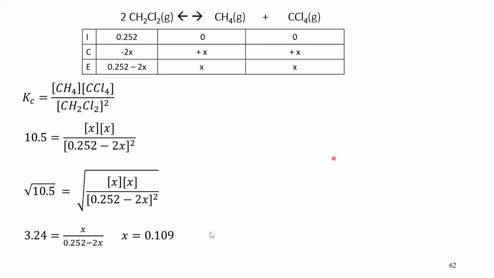Okay, so we're going to multiply both sides by 0.252 minus 2X. Then we're going to isolate X, and we should get 0.109 for X. So that means that CH2Cl2 is going to be 0.252 minus 2X, which gives us 3.37 times 10 to the minus 2.